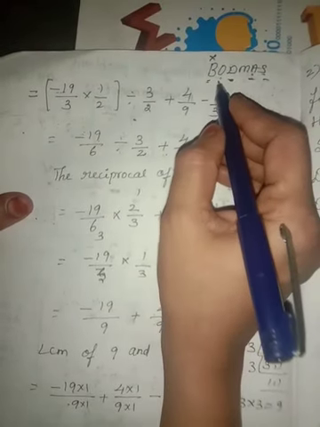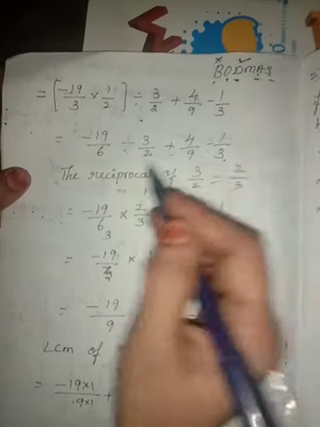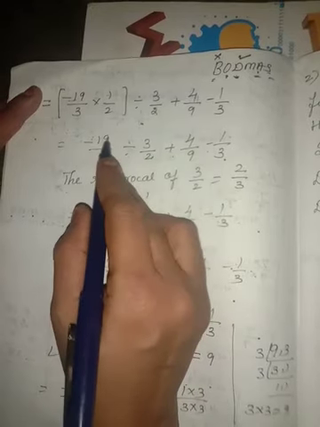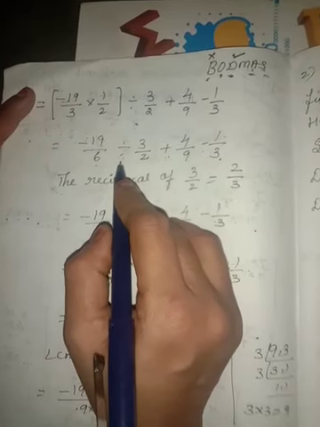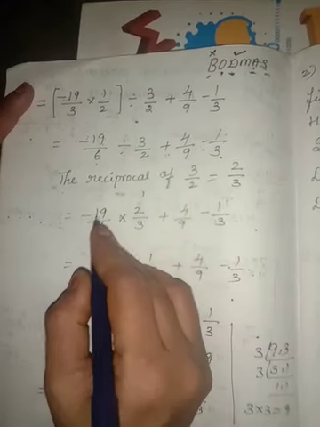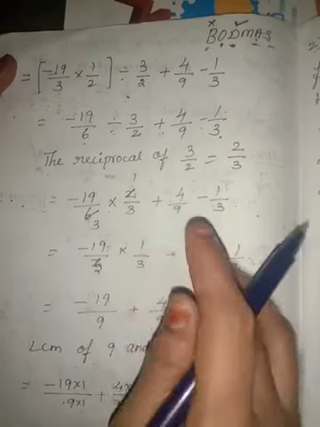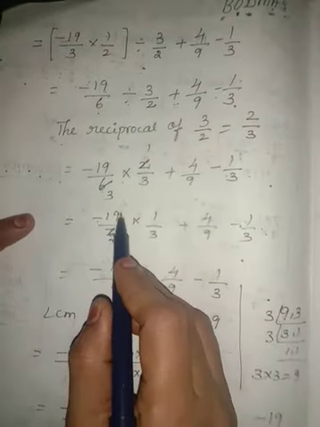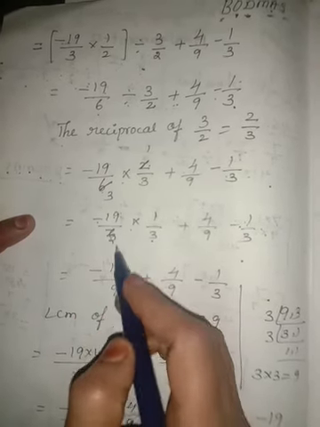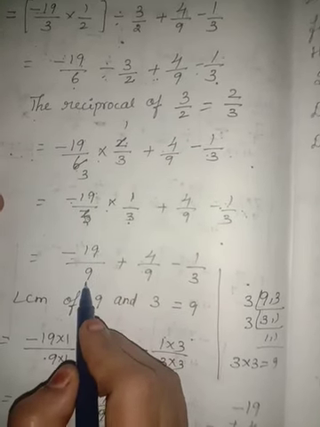In this case we do not have of, so I choose division. So how can we solve this? As usual, minus 19 by 6 multiplied by the reciprocal of the divisor, we get minus 19 by 6 into 2 by 3. Simplifying the numerator and denominator we get minus 19 by 3 into 1 by 3. Multiplying the numerators together and denominators together we get minus 19 by 9.